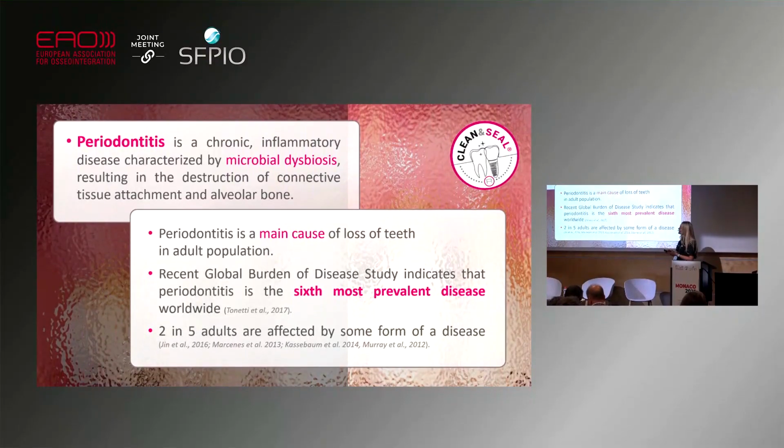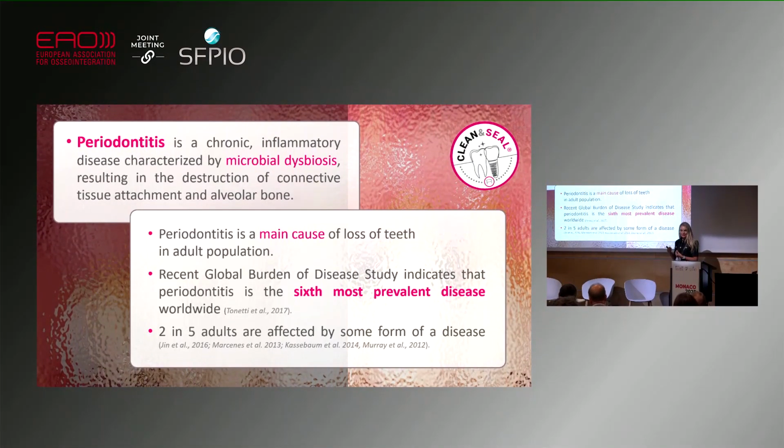Because periodontitis is the main cause of teeth loss in the adult population, and it is the 6th most common disease worldwide. Various epidemiologic data demonstrate quite consistent results that in Europe, 2 out of 5 adults are affected by some form of the disease.